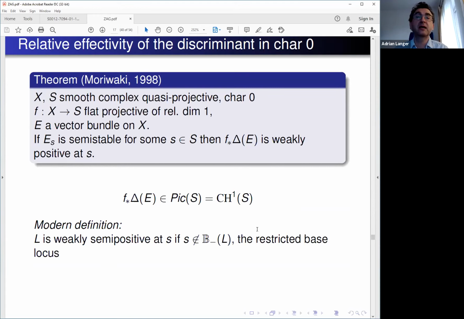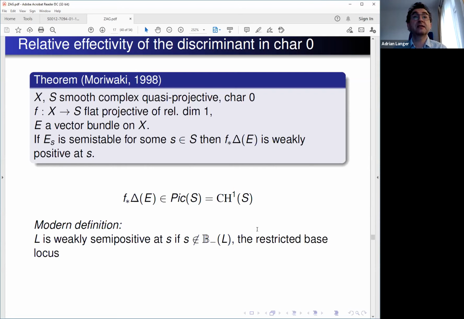So now we need to deal with line bundles, and they are much easier to deal with. So we could try to get some results in this relative case. And the first result along these lines was proven by Miyaoka, who proved a relative version of Bogomolov's inequality.